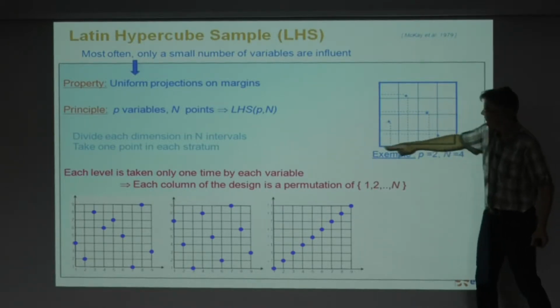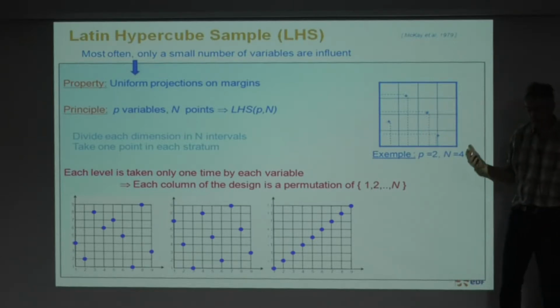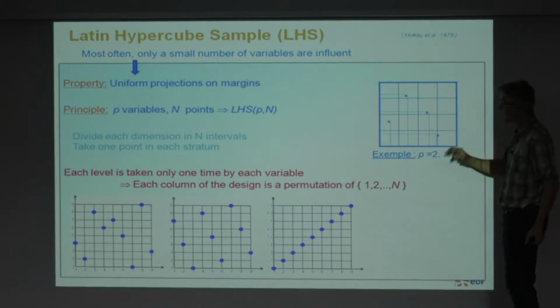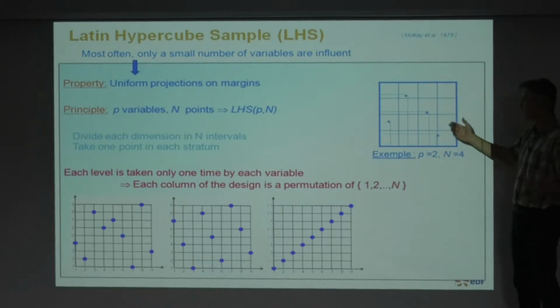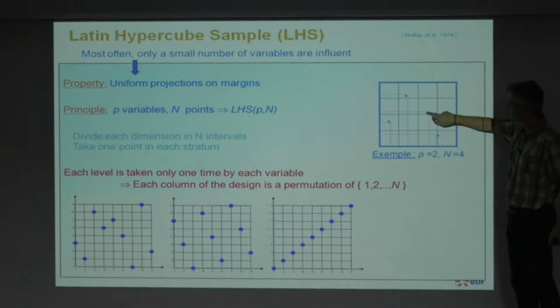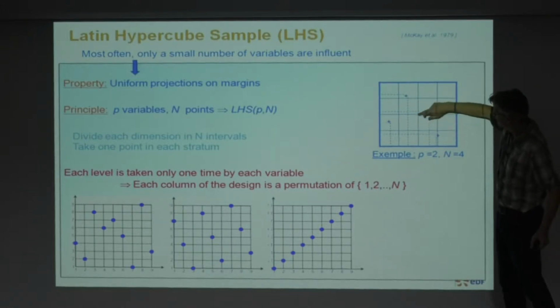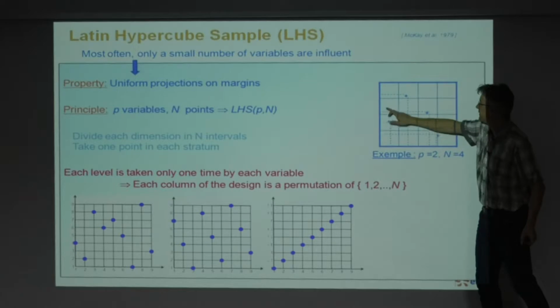For the first, for the second. And now I can guarantee that I have only 1 point per each stratum. So you put a random point, for example this one. It falls here. So I say now I don't want any point in this stratum and in this one.